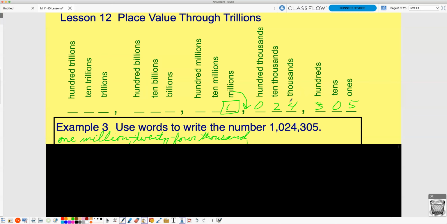And then I'm going to put this next one. So that was 24,000. See, the word that I'm going to use is thousand. I know that these digits, 024, 24, this is 305. All right, so that last piece is just that. There we go, my digital handwriting skills.